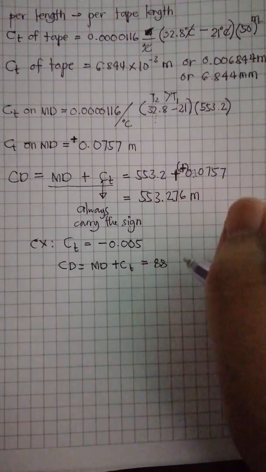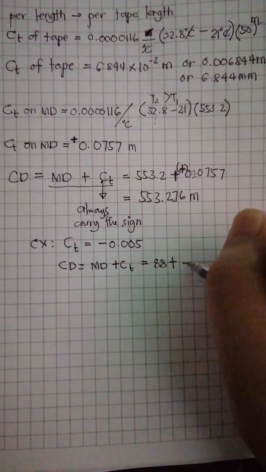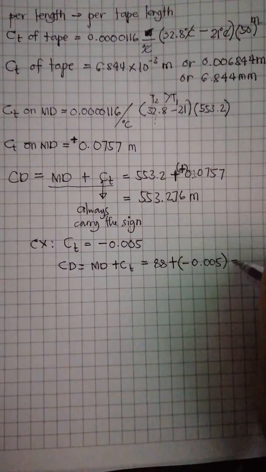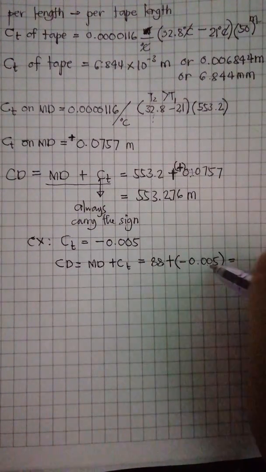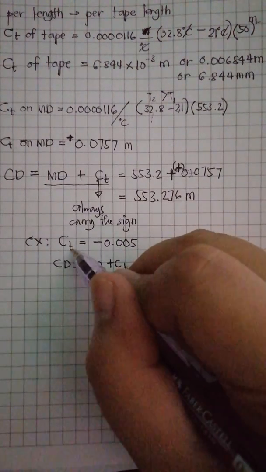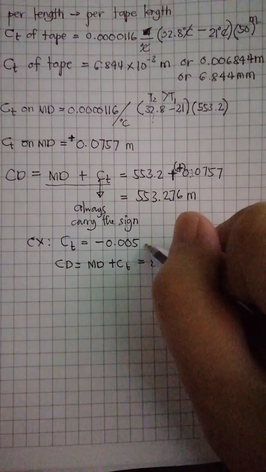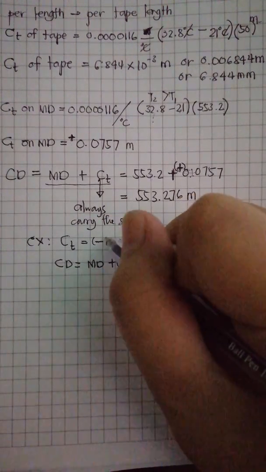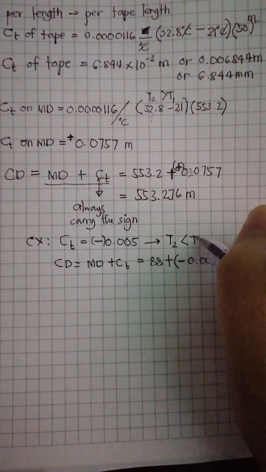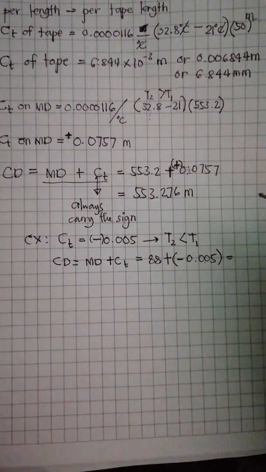Example lang ito ha, iba ito. Then, plus negative 0.005. So, instead na ma-add ang 88 sa 0.005, nag-minus siya. It's because ang result ng CT is negative. Most probably, kaya siya naging negative, it's because yung T2 is less than T1. So, this is also possible na lesser ang T2 kaysa sa T1.